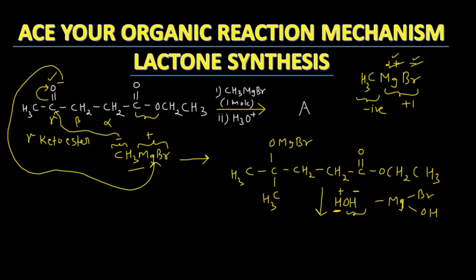So your next compound, say C, CH3, okay, and then OH is there, and then you are having the CH2, and then another CH2 you are having, and then your C double bond O, O, CH2, CH3. This part is here, okay. So up to this stage there is no problem.